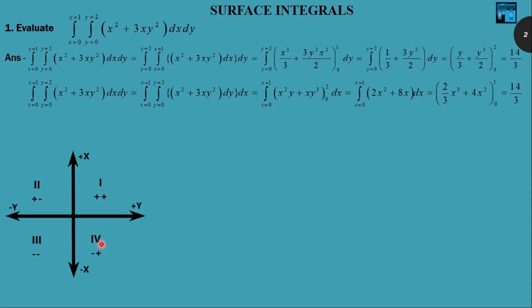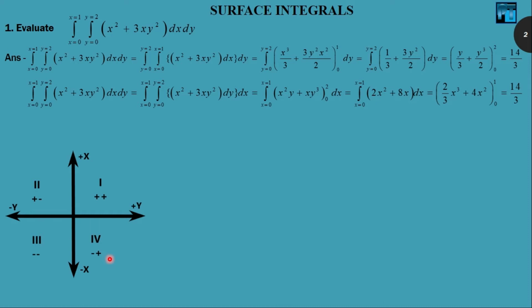Depending upon the signs of the variables, this is plus plus, that means x plus, y plus. This is plus minus, that means x is plus but y is minus. Third quadrant is minus minus, that means both the variables are minus. And the fourth quadrant has minus plus, that is x is minus and y is positive.